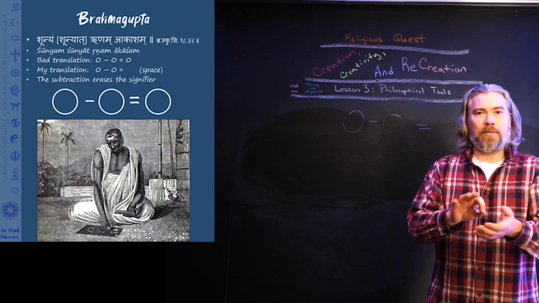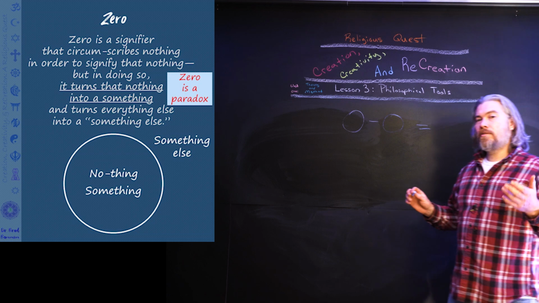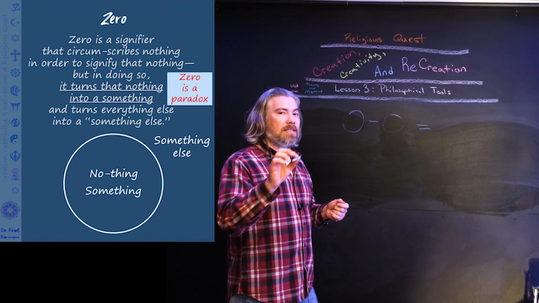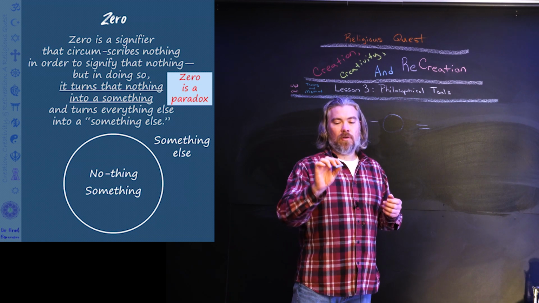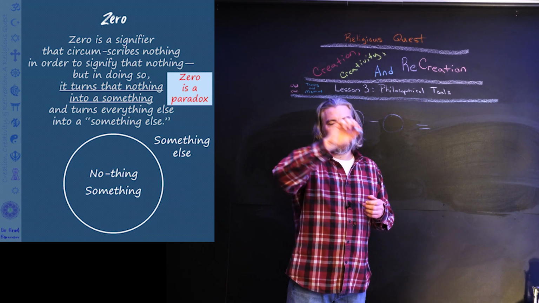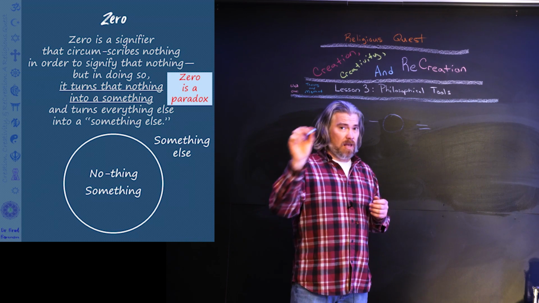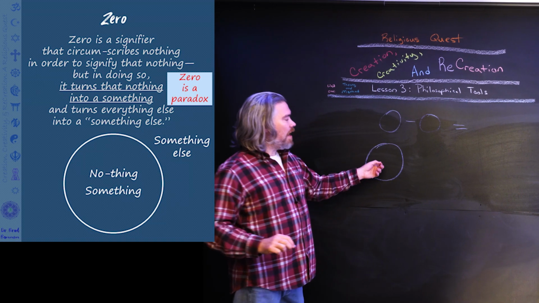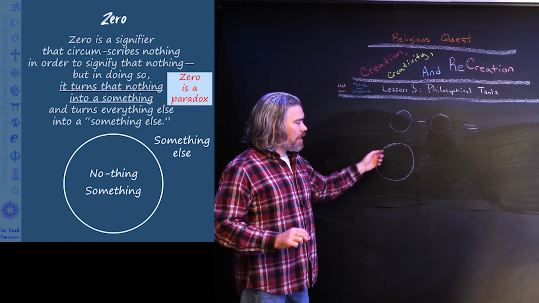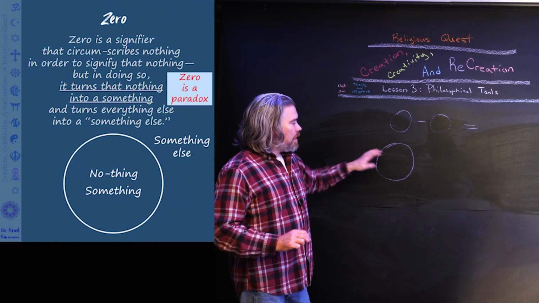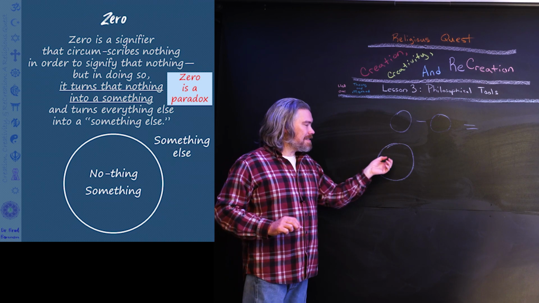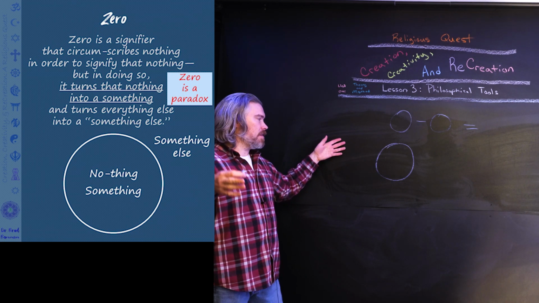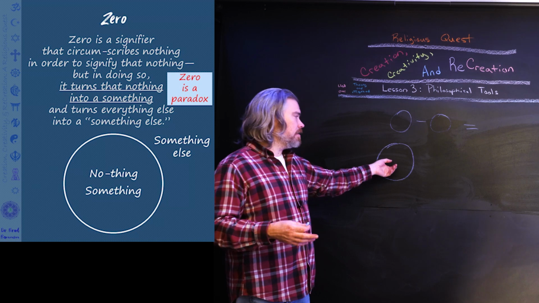It gives nothing a place to be. We also gave a definition of 0 as a circle. Well, 0 is a signifier which signifies nothing by drawing a circle around nothing, right? But its intent is to signify the nothing by drawing a circle around it. But in doing so, it causes that nothing to come into being over and against all these other nothings, thereby turning nothing into a something.